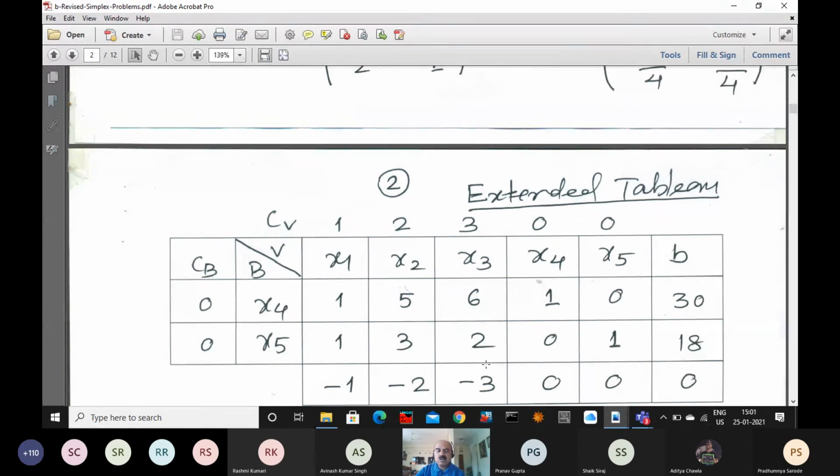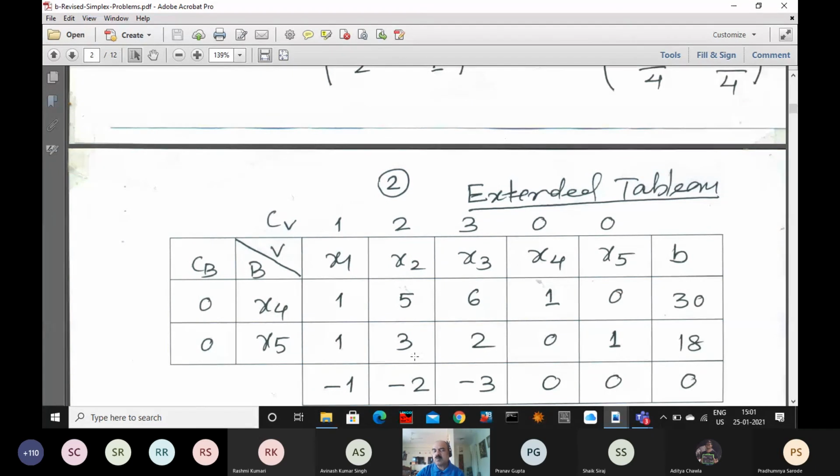So Y into P1 minus C1: 0 0 multiplied with 1 1. 0 0 is a row vector, 1 1 is a column vector, multiply 0 0 to 1 1, then minus 1, that is minus 1.